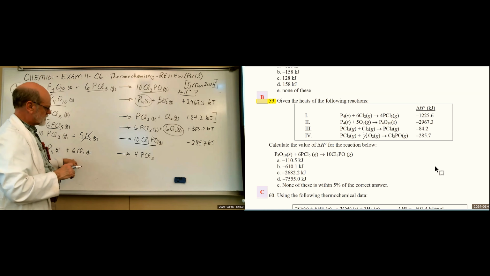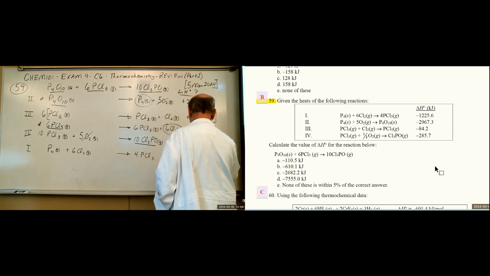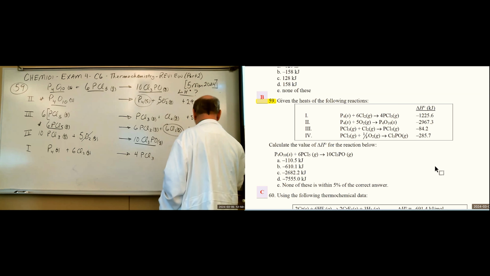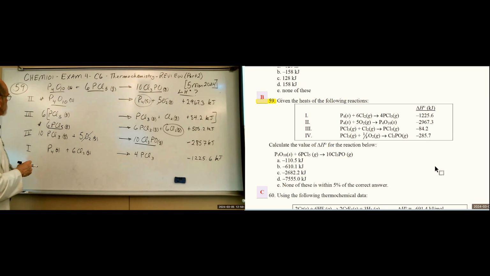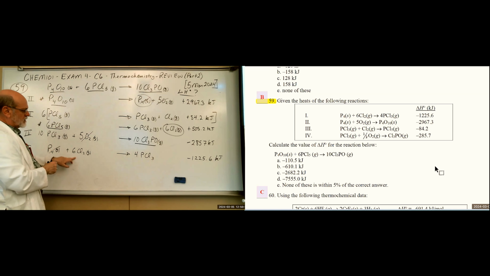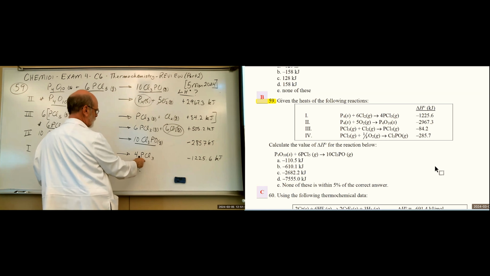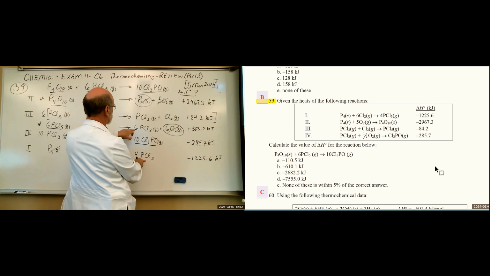If we put this in here just like it is, minus 1225.6. Am I looking at it wrong? That's good. 6 Cl2 is going to take this one out, and that leaves 4 PCl3, 10 PCl3.